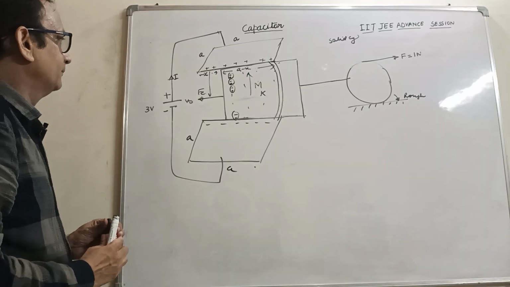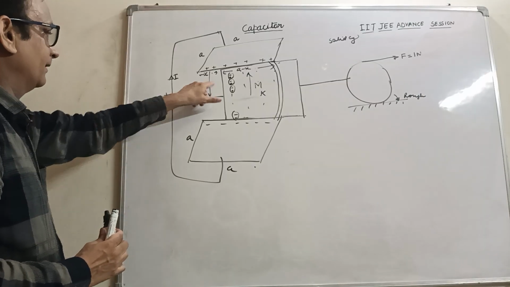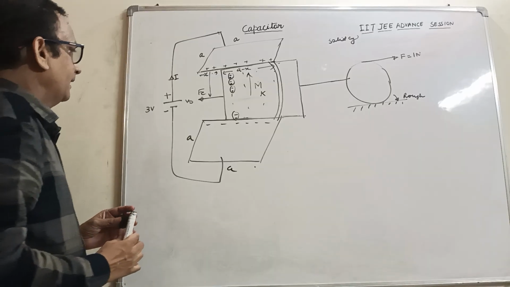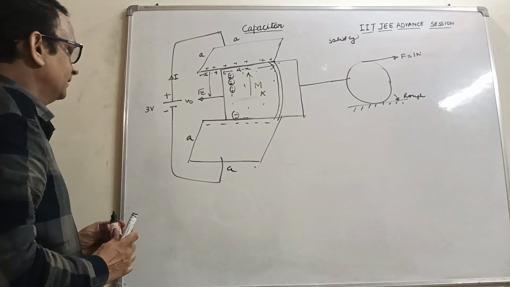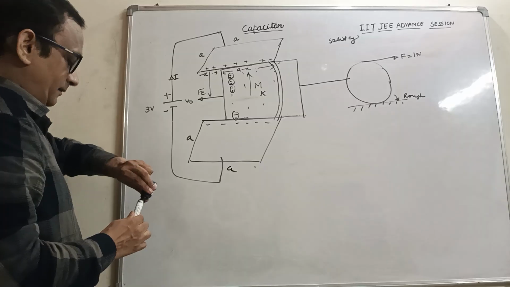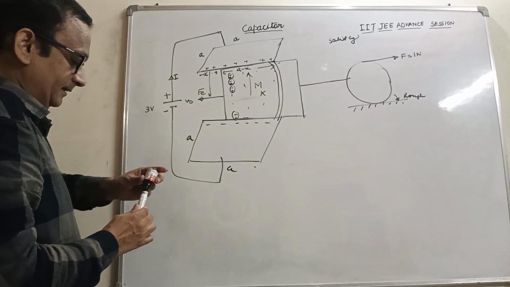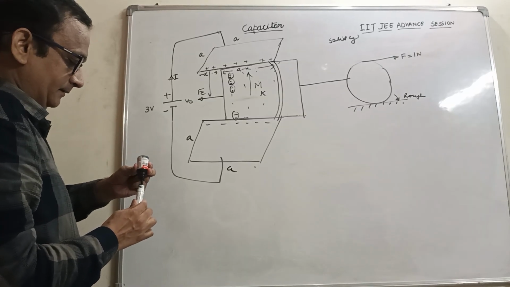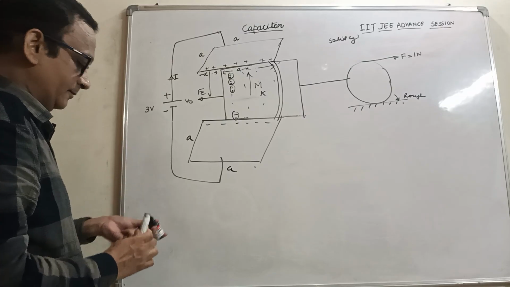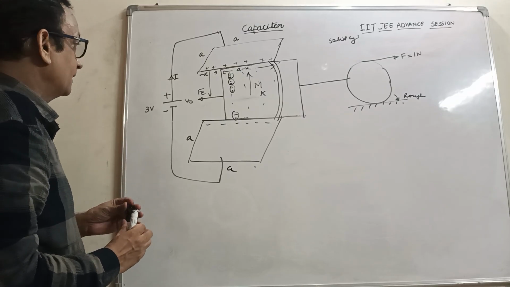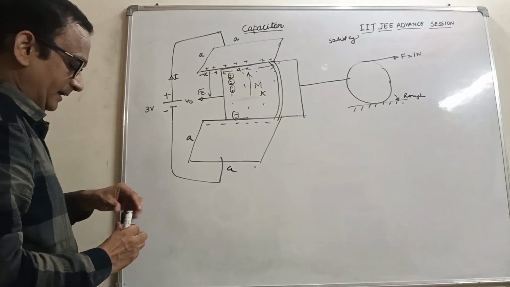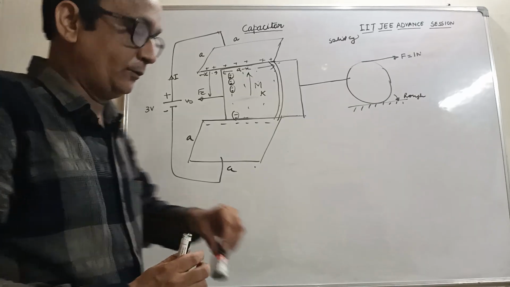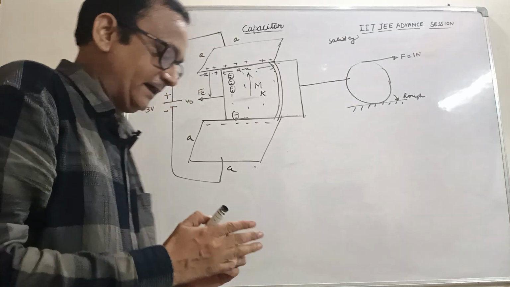C equivalent would be C1 plus C2. So C1 would be epsilon naught A into x upon d, where d is the distance between the plates.